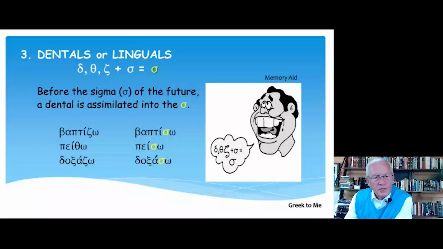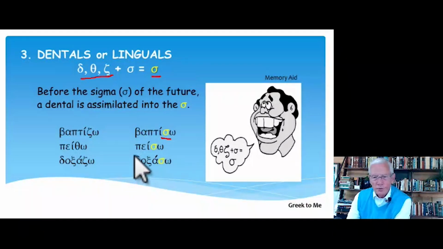Now, what happens here is that those three letters, the dentals or linguals, are assimilated into the sigma. In essence, they drop out. So, for example, we have baptizo, and what happens here? It becomes baptiso.